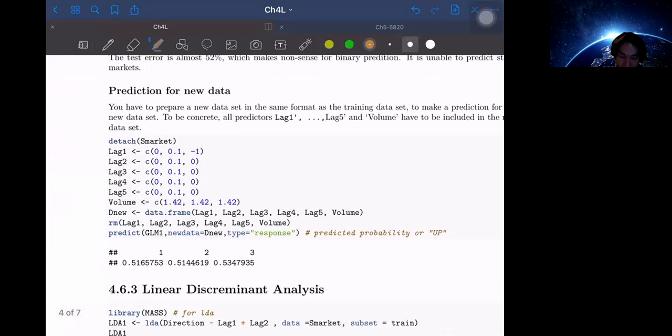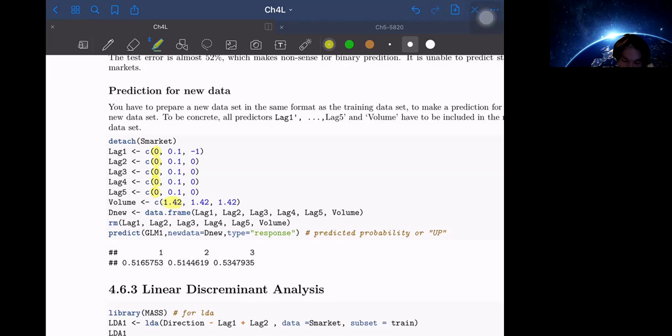Okay, and another way to do prediction for the new data, we want to also add some hypothetical observations. Then we can do it this way. We define a new observation as 0 return in the past 5 days, and the volume is 1.42, probably the mean volume of the data.